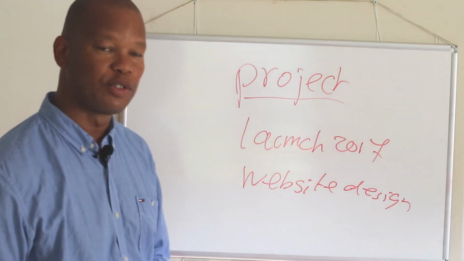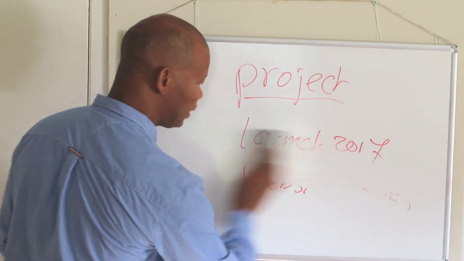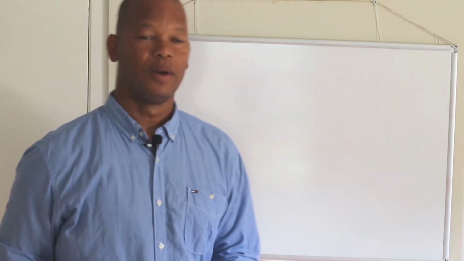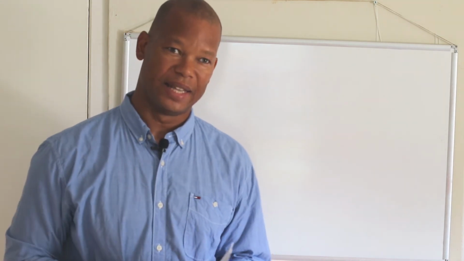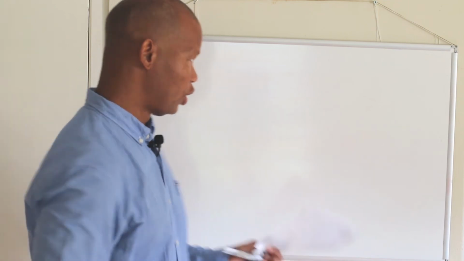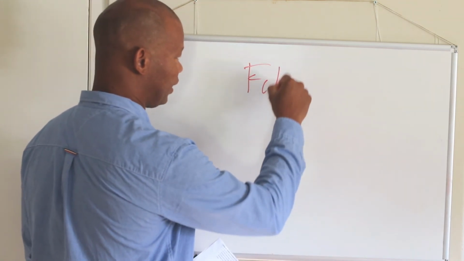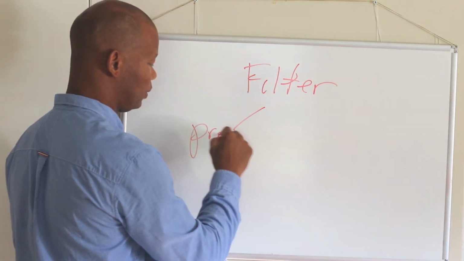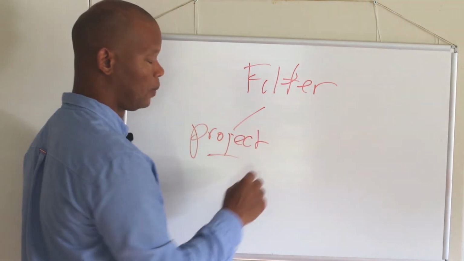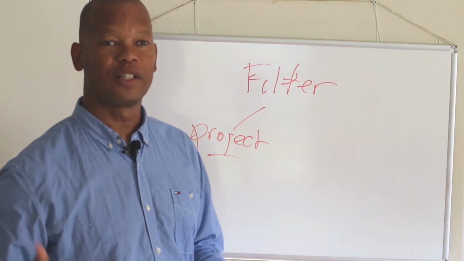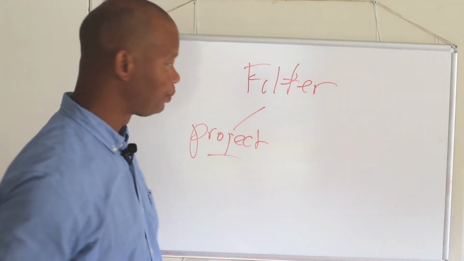Okay, so I hope that you found great value in this episode, because when you set up your task list like this, you're going to be able to filter the task list. So a couple of filters: you filter on the project. And if you don't know how to filter a spreadsheet, just Google how to filter a spreadsheet.